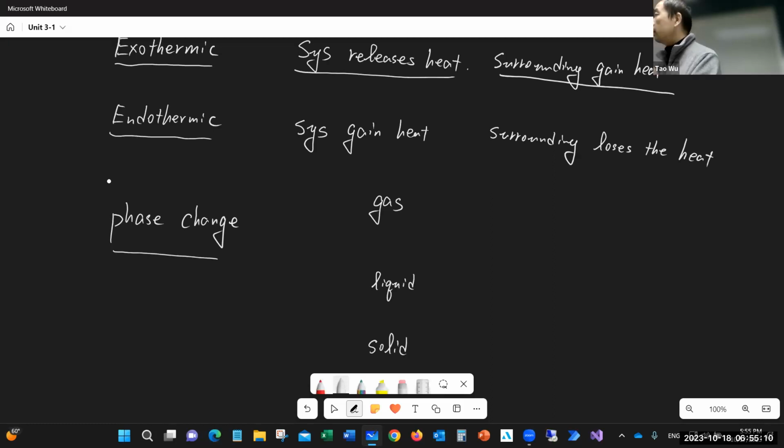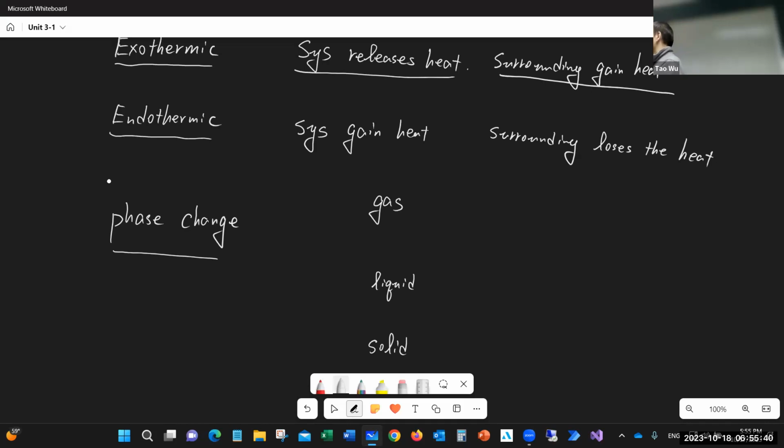To think about which one has higher energy, you can just think about the temperature. Think about the water. The gas molecule usually has higher energy because the gas usually has a higher temperature, above 100 Celsius. Liquid is between 0 and 100, and solid is below 0. So solid has much less energy compared to the gas and the liquid.